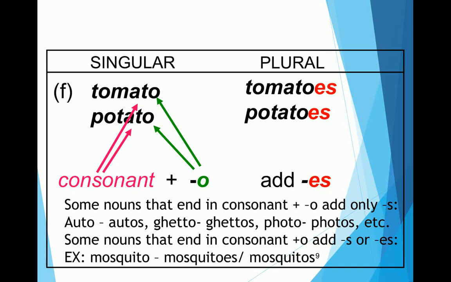But some nouns that end in consonant plus o, you have the option of adding s or es. Mosquito, mosquitoes with es or just one s. Zoo, zoos. Radio, radios. And in this case, you don't change anything because you have a vowel before the o.